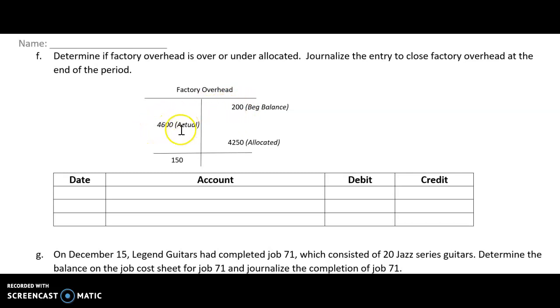And then I have $4,600 of actual. And I allocated $4,250. So the $4,600 was the actual, then the $4,250 was the allocated.